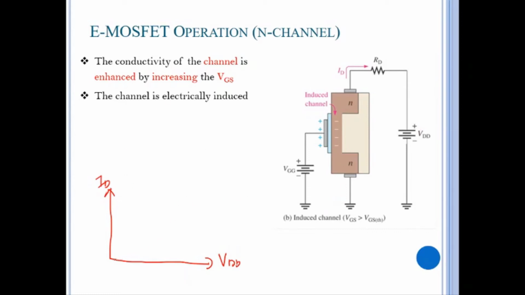When VGS is 0, the drain current is 0, because there is no induced channel.